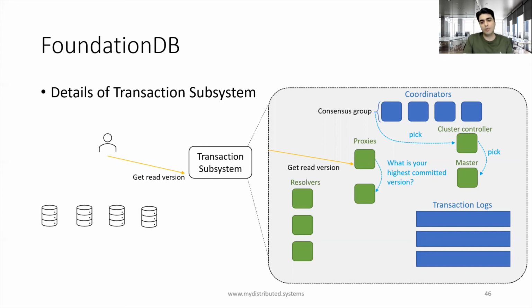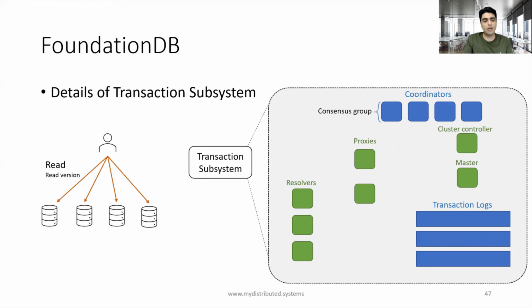So that's why this proxy asks all other proxies what their highest committed version is, and then this proxy picks the maximum value of all of the timestamps of committed transactions as a read version and returns it to the client.